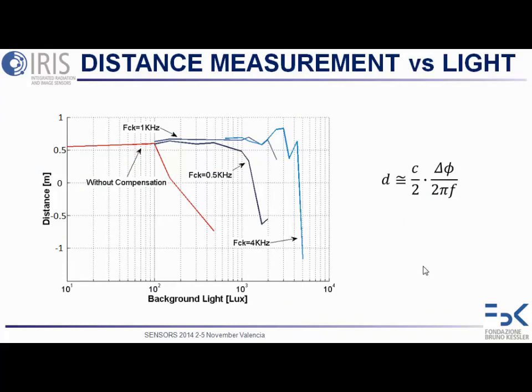So this in red is the behavior of the standard pixel, which drops the value quite early, at around 100 lux. But applying the compensation circuit, we can see that we extend the dynamic range of the camera. But the main problem that we can see now is that applying higher frequency, the dynamic range that I can obtain is lower than we expect.